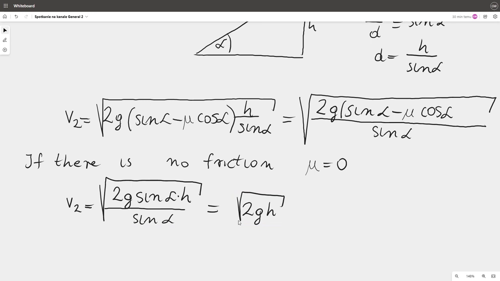We see that in this case, final velocity does not depend on angle alpha. We shouldn't be surprised, because if there is no friction, mechanical energy is conserved, and we know that potential energy depends only on mass and height of the body. So we solved first problem.